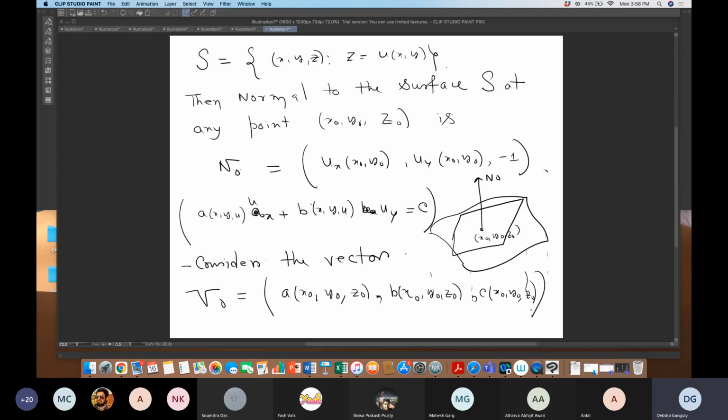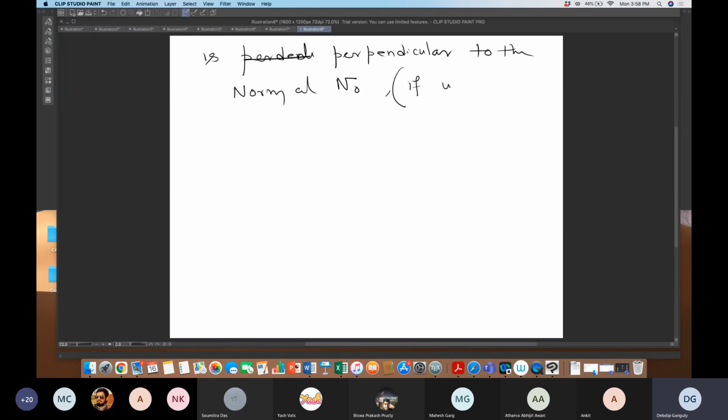Observe that this point lies on S because z naught is u of x naught, y naught. I say that this vector is perpendicular to the normal n naught if u is a solution to the PDE.